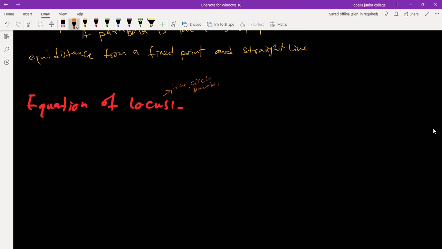I'm telling again, locus means the set of all points that share a property with common terms and conditions.